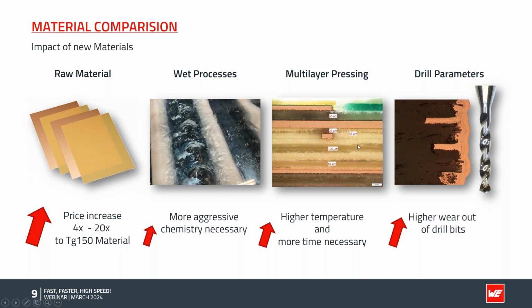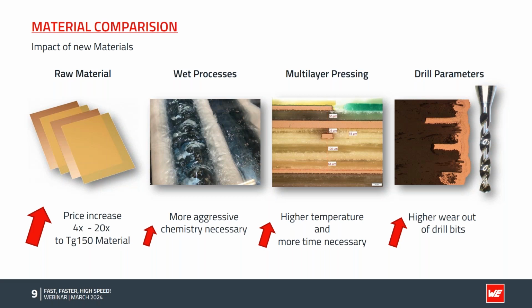And drilling, due to the filler material, is more difficult. As you know from our previous webinars about costs, there's a nice comparison how long you can use a drill bit. For example, a typical drill bit has a lifetime of 3,000 hits, 3,000 holes.